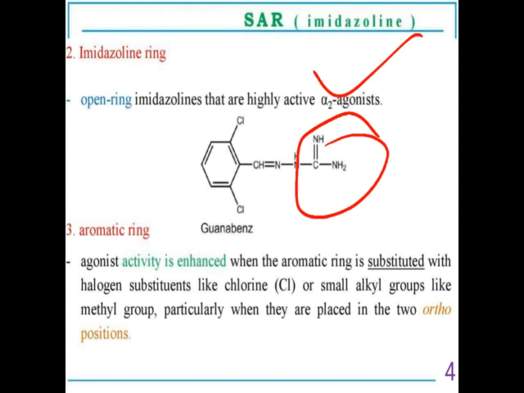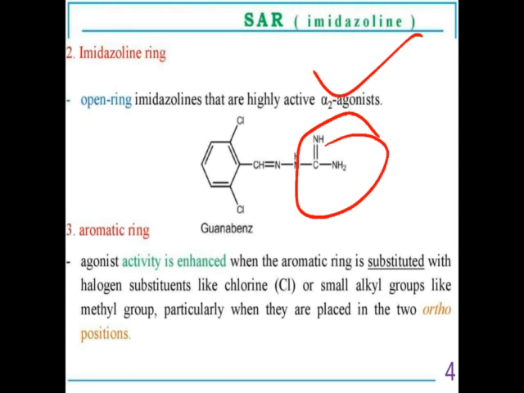And the third part is the aromatic ring. The agonist activity can be increased if it is substituted with chlorine or small alkyl groups like a methyl group. Generally they are placed in the two ortho positions. These groups should be present at both ortho positions, either two alkyl groups or the halogen groups.